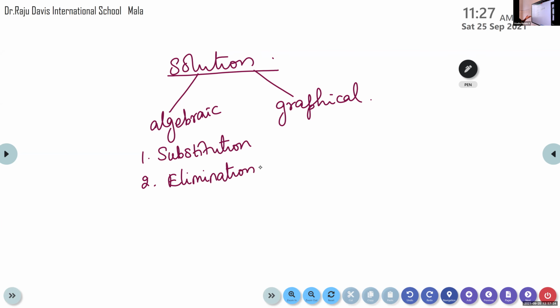The same question will be asked in another method, so you can solve it by using elimination or substitution. Questions from that exercise will be asked because you can solve them by another method. So elimination method, substitution method, and graphical method are there.